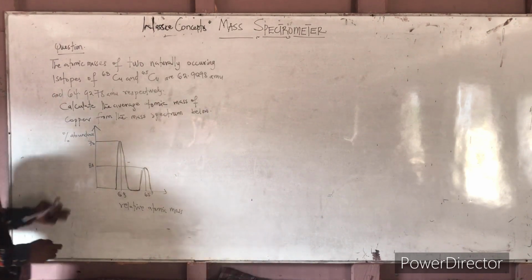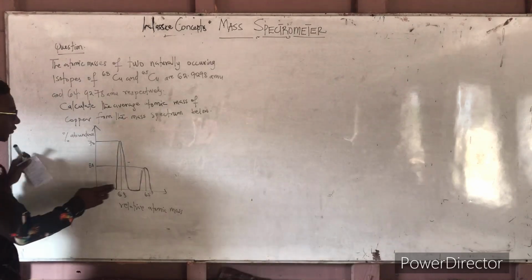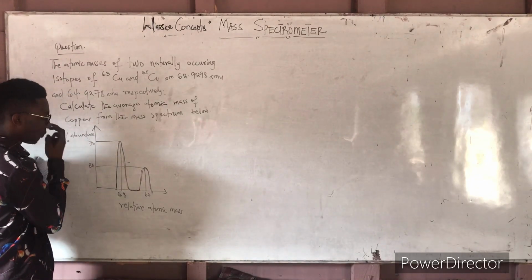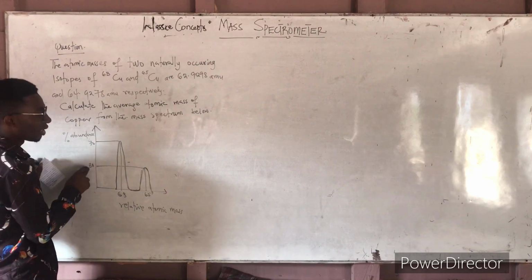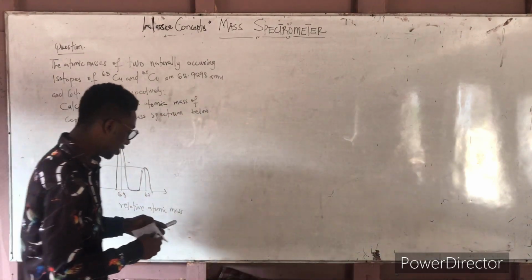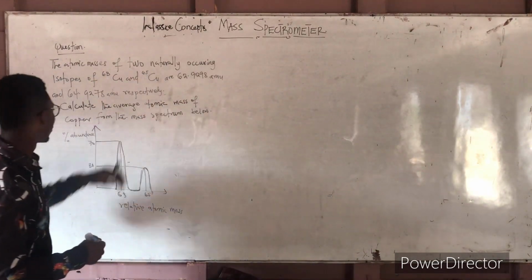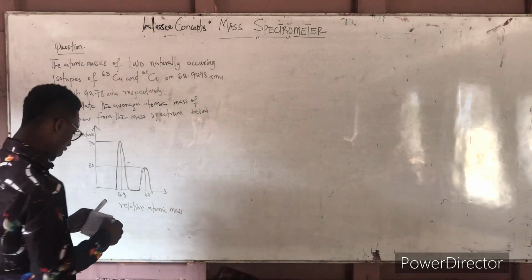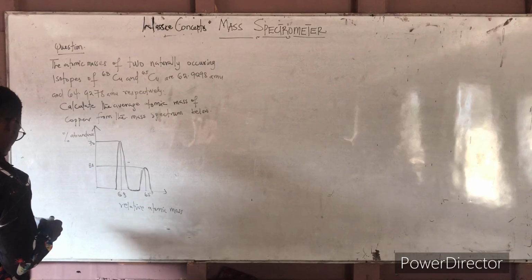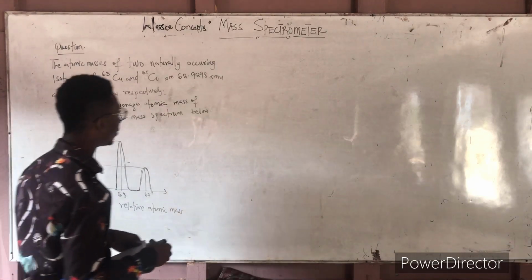Now we realize that we have one peak given a percentage abundance of 70, and the 65 isotope is given a percentage abundance of 30. We are asked to calculate the average atomic mass of the copper.